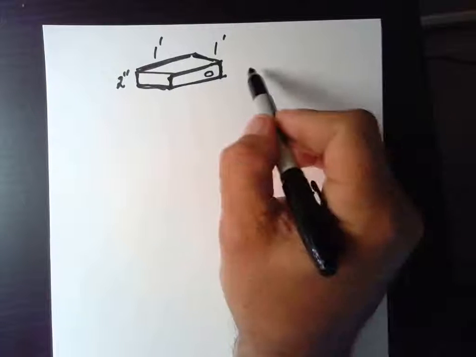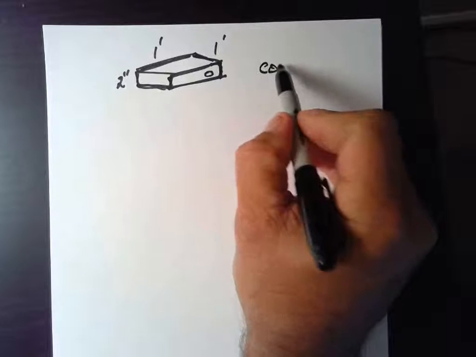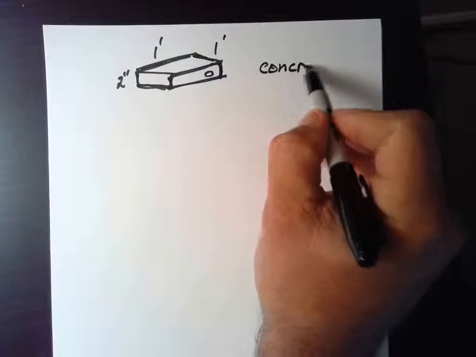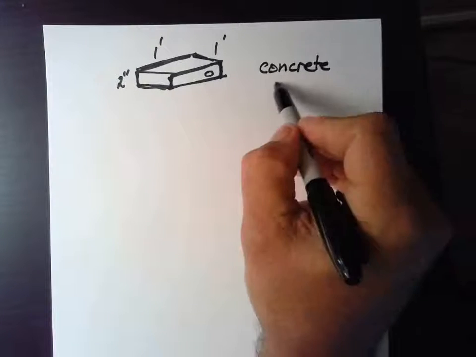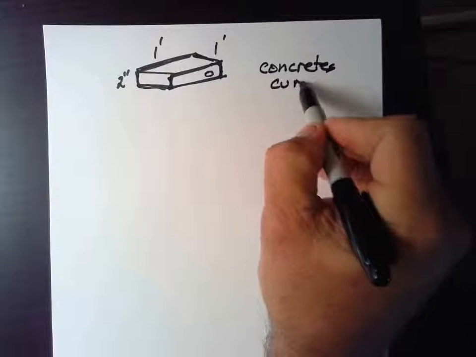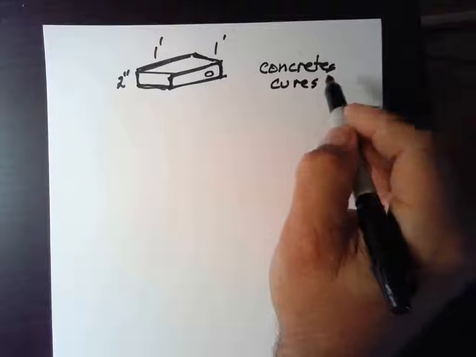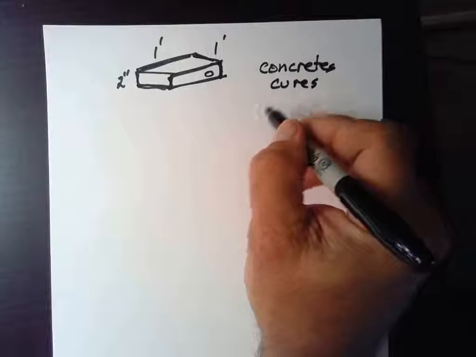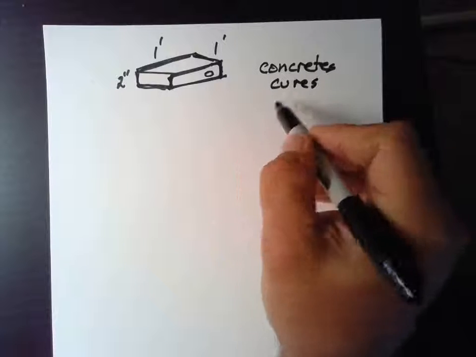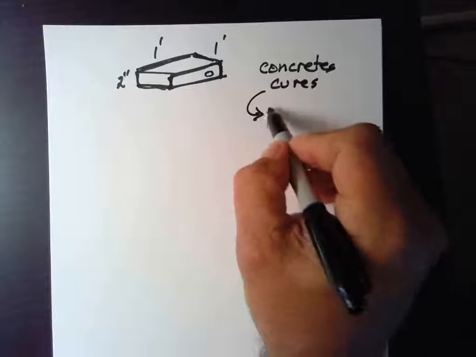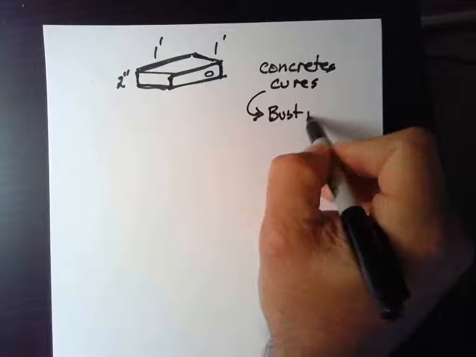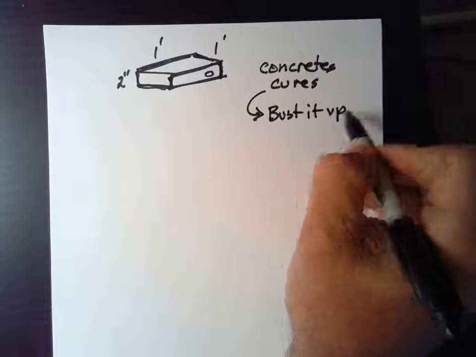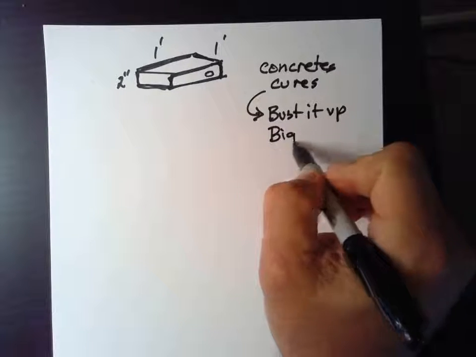Well, that concrete is cured. And the concrete, when it gets cured, it gets hard. And when that concrete cures, you ain't going to get that ring back out of that concrete unless you bust it up with a big hammer.